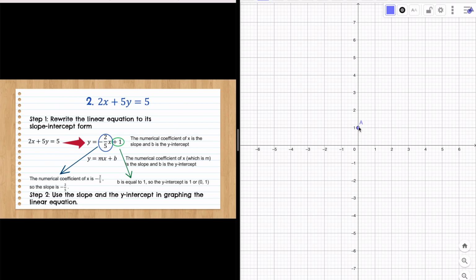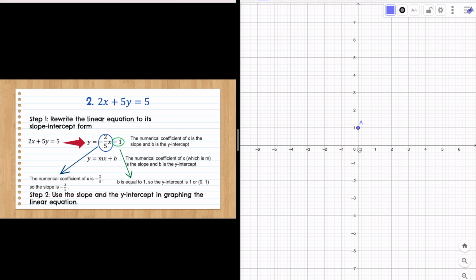Okay, and then, you use the slope to find the other point. So, again, pwedeng yung numerator o yung denominator, yung negative. Pipili ka lang pag negative yan. So, kunwari negative yung 2. So, bababa ng dalawa kasi negative. And that's rise over run, tandaan. Change in y over change in x. So, since negative siya, imbis na tumaas, bababa.